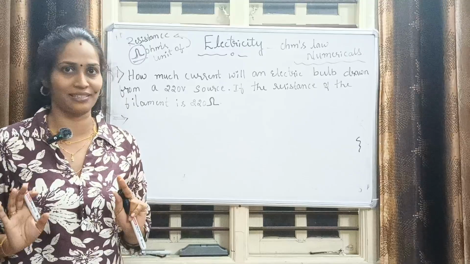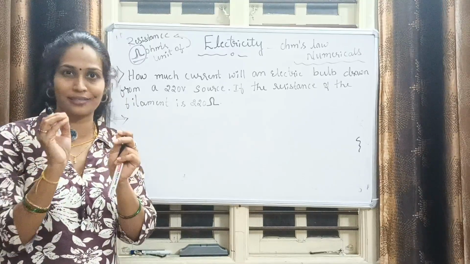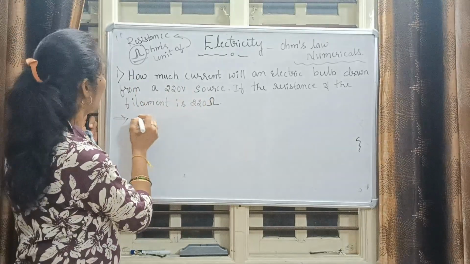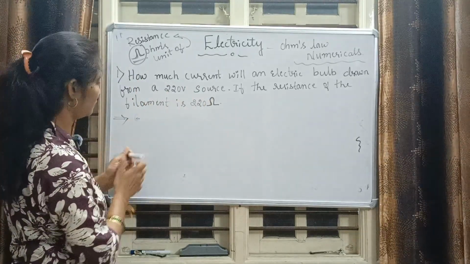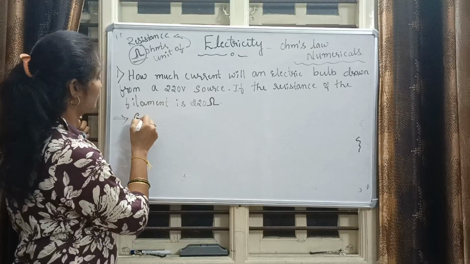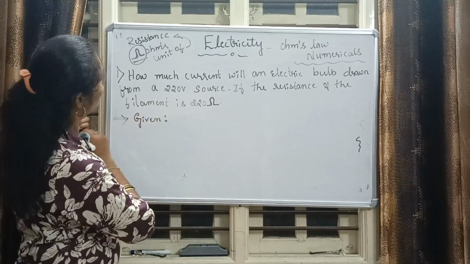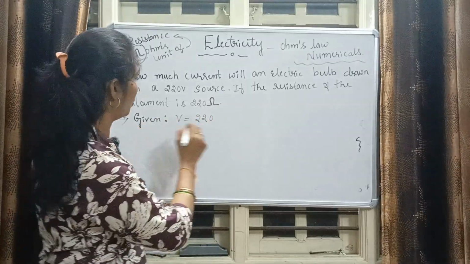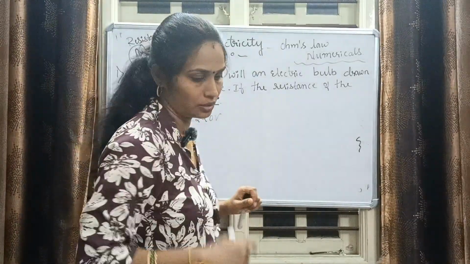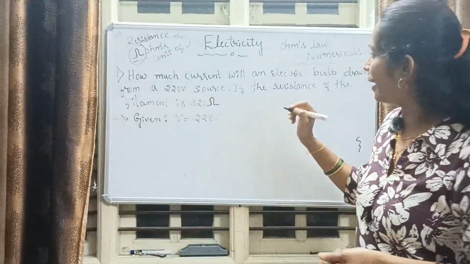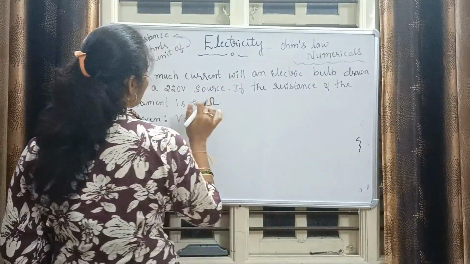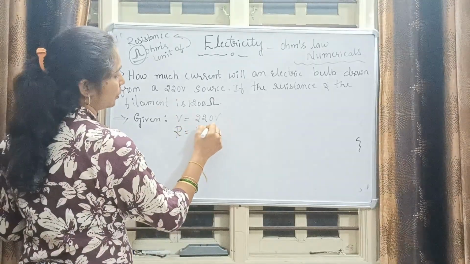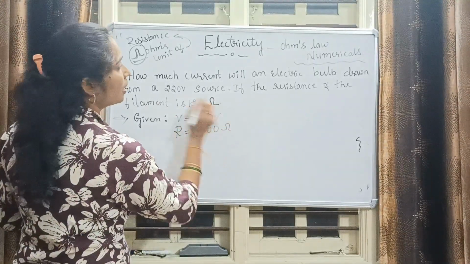These are simple techniques, guys, please don't forget them. What they have given: V is how much, guys? 220 volt, and R is about 1200 ohms.